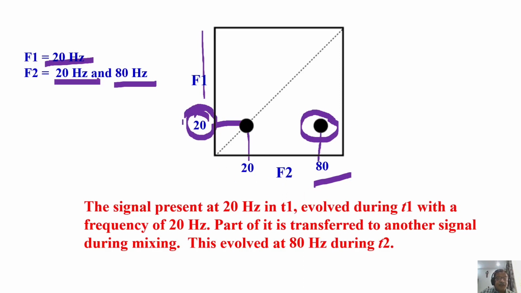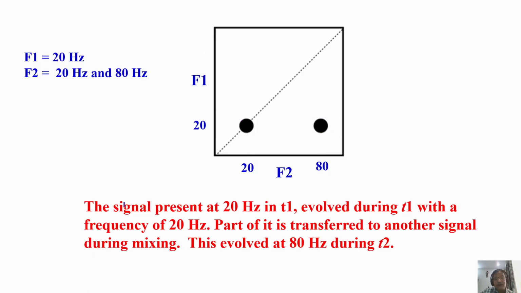That means this spin, which was precessing at 20 hertz in the F1 dimension, has given its magnetization to another spin which has its precession frequency at 80 hertz. As a consequence, you can see it has retained its frequency and also gives part of its magnetization to another spin, which has evolved at 80 hertz in F2. I hope I made this point clear for you. Let me repeat.